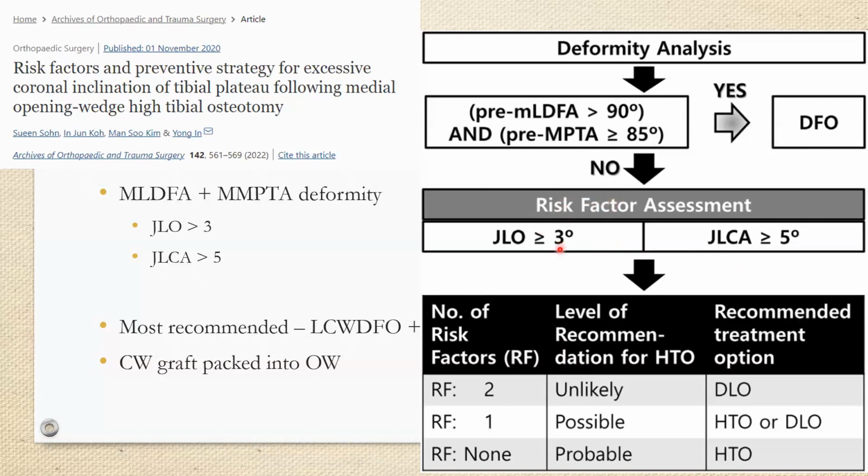Based on that study, they suggest that if there's a risk factor of joint line obliquity greater than 3 or a joint line convergence angle greater than 5, and if both are present, the patient will most definitely require a double level osteotomy.